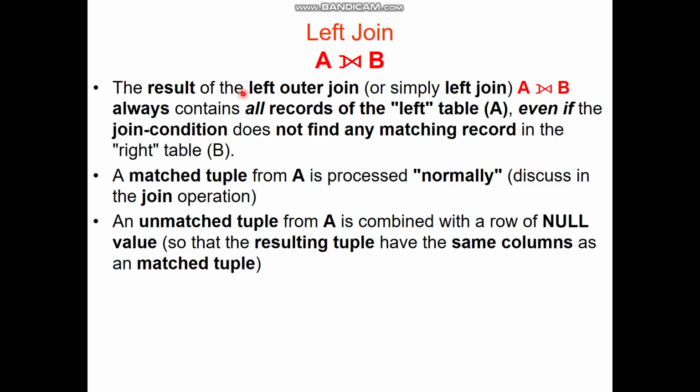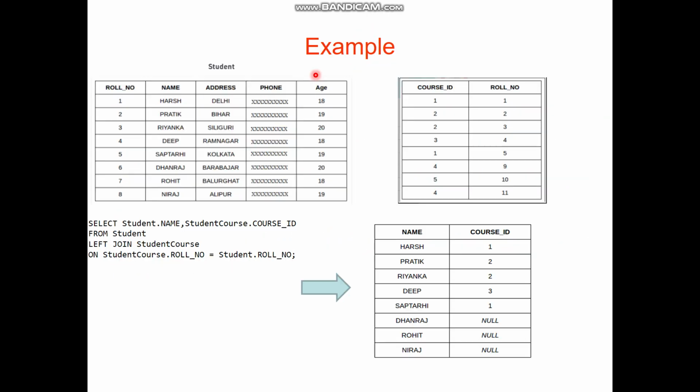So left join is basically A left join B. The result of a left outer join will always contain all the records of the left table, even if the join condition does not find any matching records. Why? As we discussed before, it will keep all the dangling tuples of A on the left side of the table.